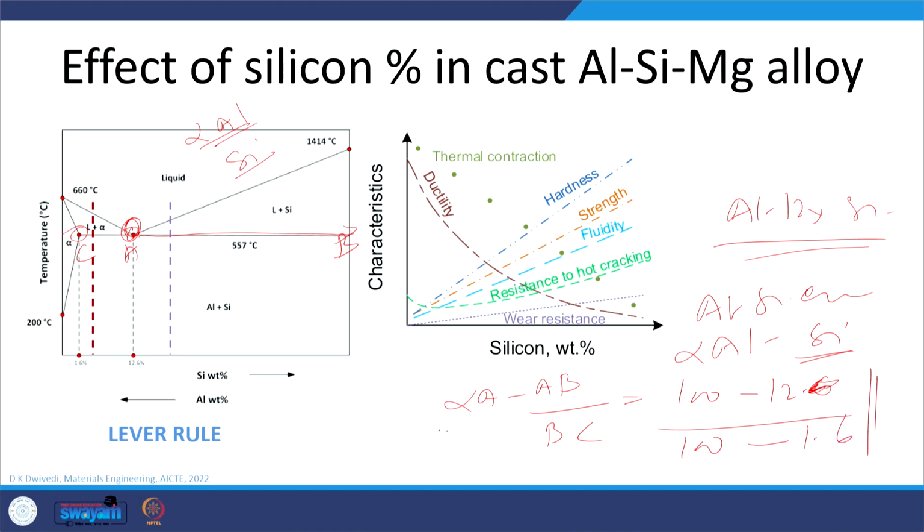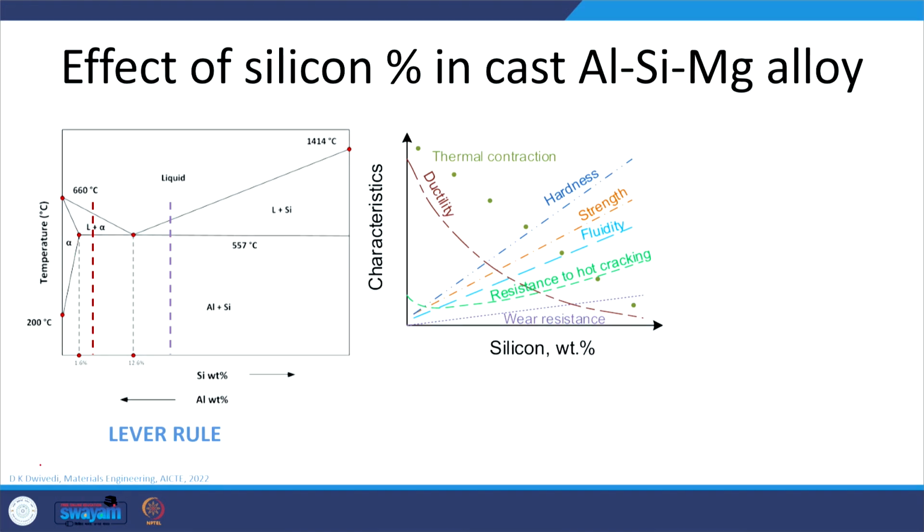This gives the proportion of alpha aluminum, and the balance is the eutectic silicon. So using the lever rule and the phase diagram, for a given aluminum silicon alloy composition we can determine the proportion of various phases.